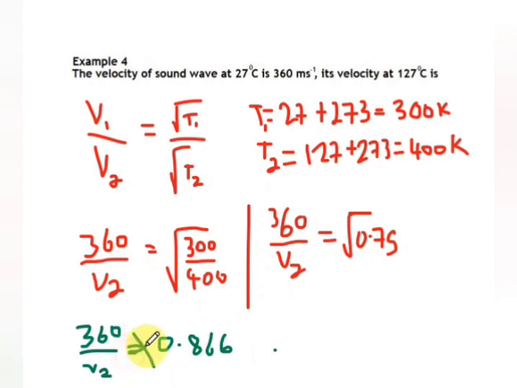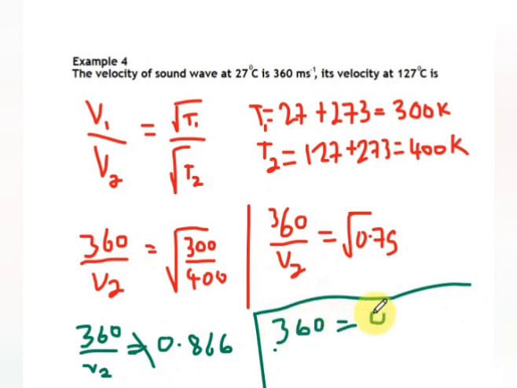Then cross multiply, we have 360 is equal to 0.866 V2. So divide both sides by 0.866.